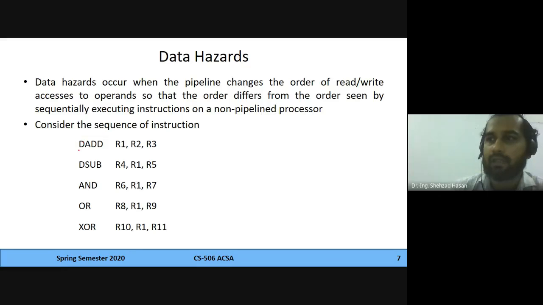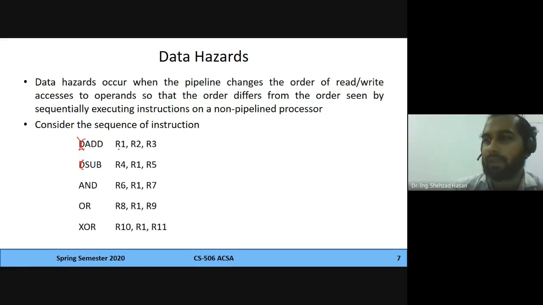Here, the initial D signifies that we are talking about double precision numbers. You can ignore this D as well. It's an add instruction, and it's a subtract instruction, so there are different types of instructions. D is normally talking about a double precision operand.